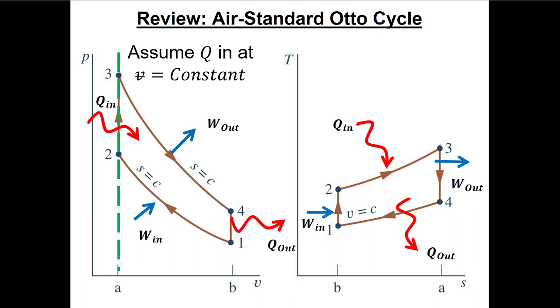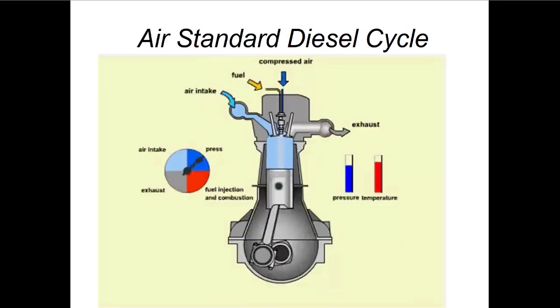If we remember back to the first third of the class, when we were talking about PV diagrams, we said that the work under a particular process could be determined by taking the integral of PdV, or the area under the line for the process. So here you see when we're adding heat and rejecting heat at constant volume, there's no work involved in those processes. So it's this constant volume heat addition that makes an Otto cycle an Otto cycle.